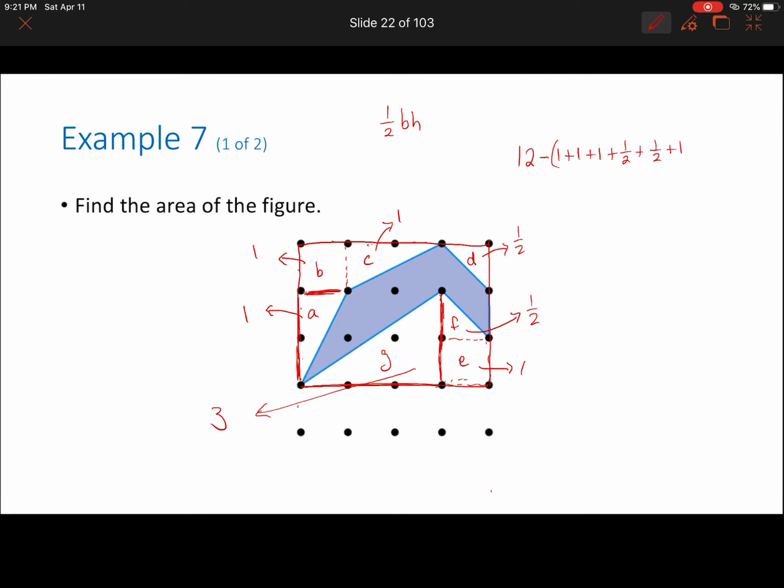Part E was 1, and then part G is 3. And so when you add all that up, you've got 3, 4, 5 with your 2 halves, 6, 7, 8. And so we have 12 minus 8, which should be 4 square units, or units squared.